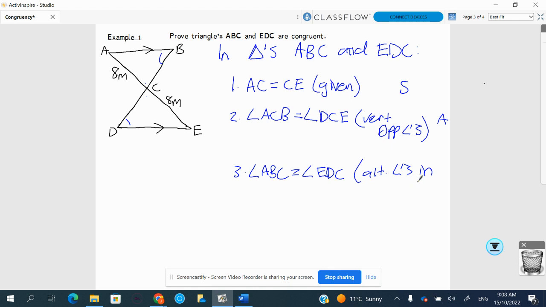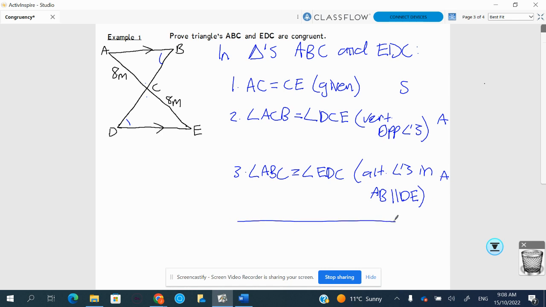So I'm going to state the parallel lines. I'm going to say AB, two vertical lines to say parallel, DE. So alternate angles in the parallel lines AB and DE. And so that is another angle.